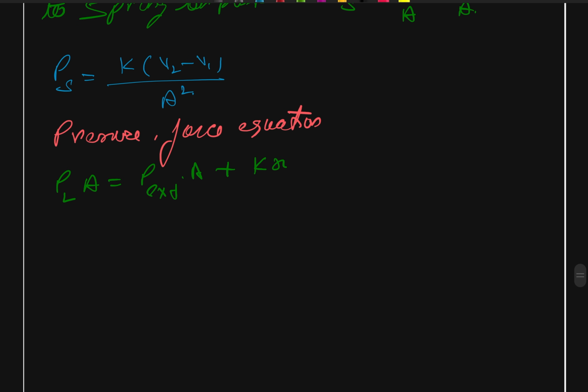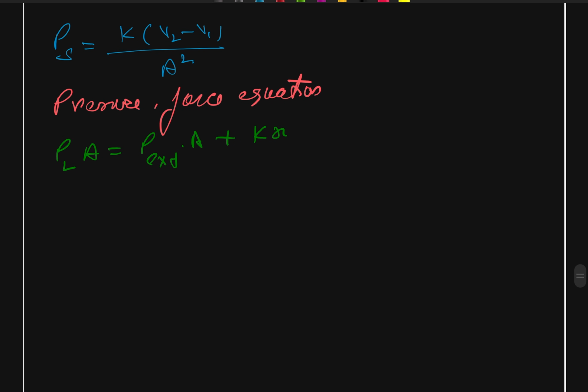So we can write the entire thing in the form of pressure. P2 is equal to P1 plus k times V2 minus V1 upon A square.